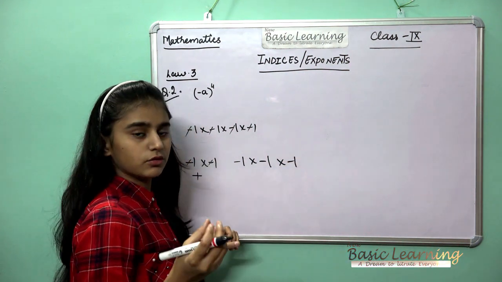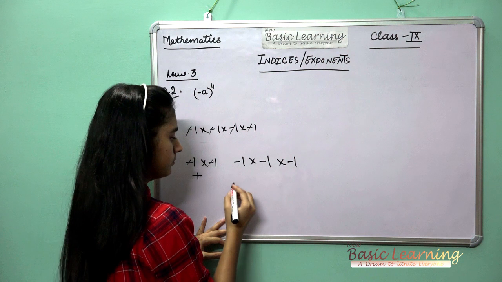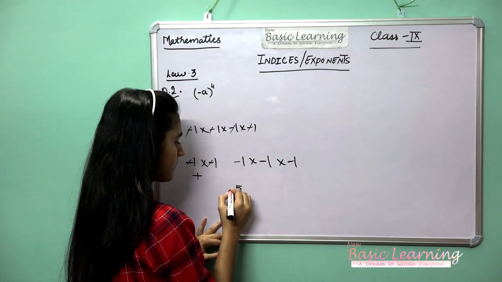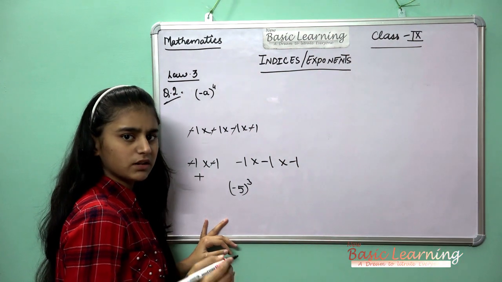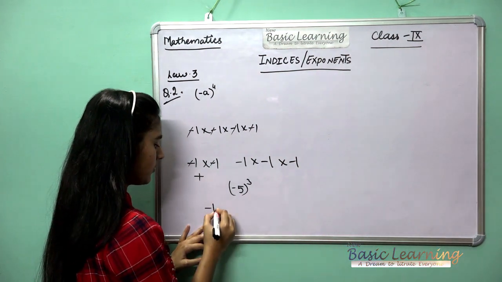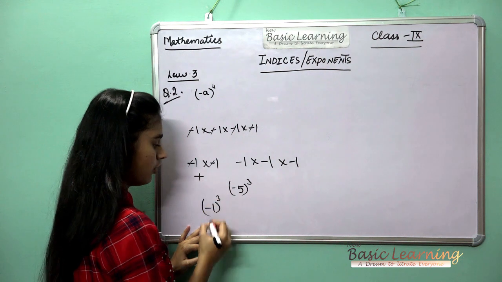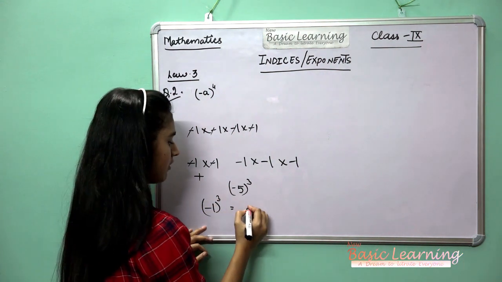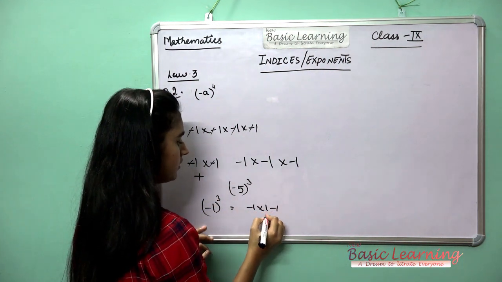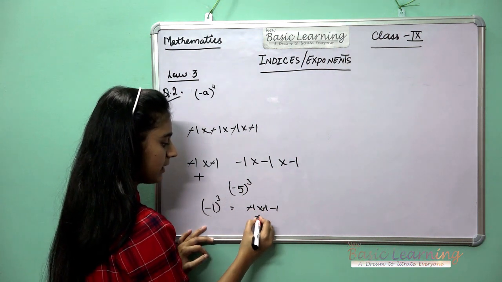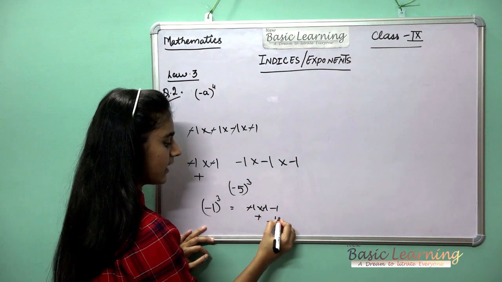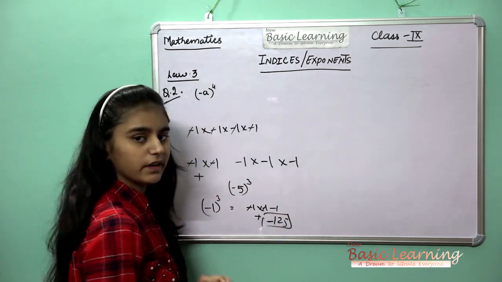The power was cube. The question was minus 5 to the power 3, so it was minus 1 whole cube. If you separate this also, minus 1 into minus 1, minus cancels to give plus, and plus into minus gives minus. That is why the answer was minus 125.